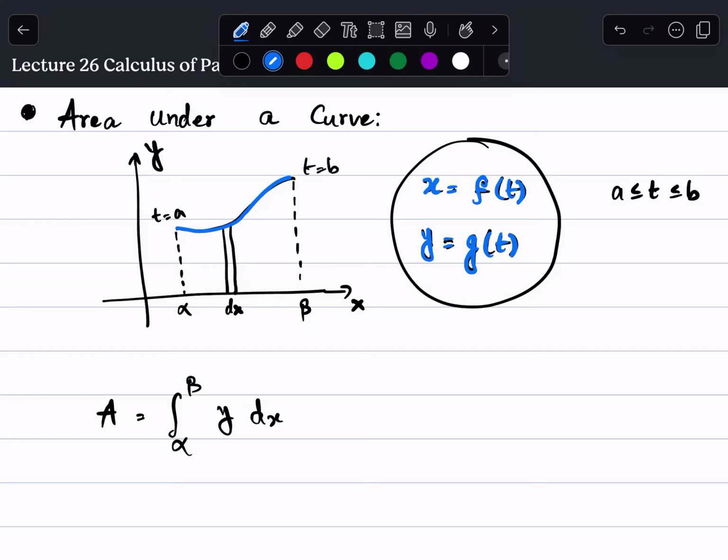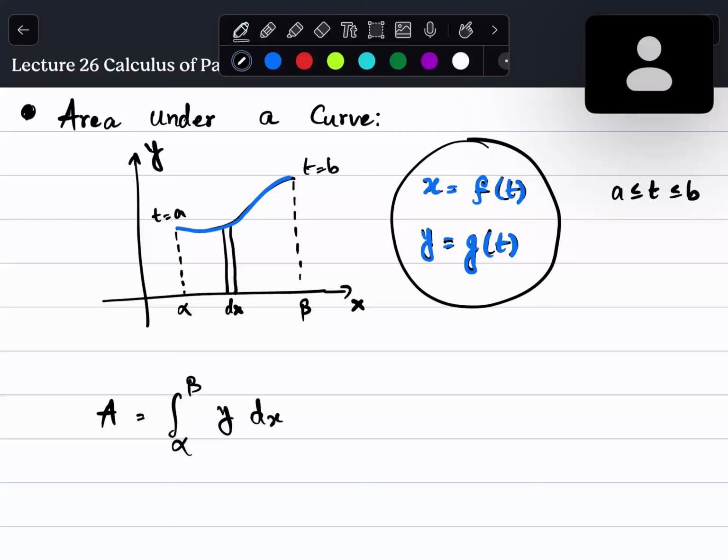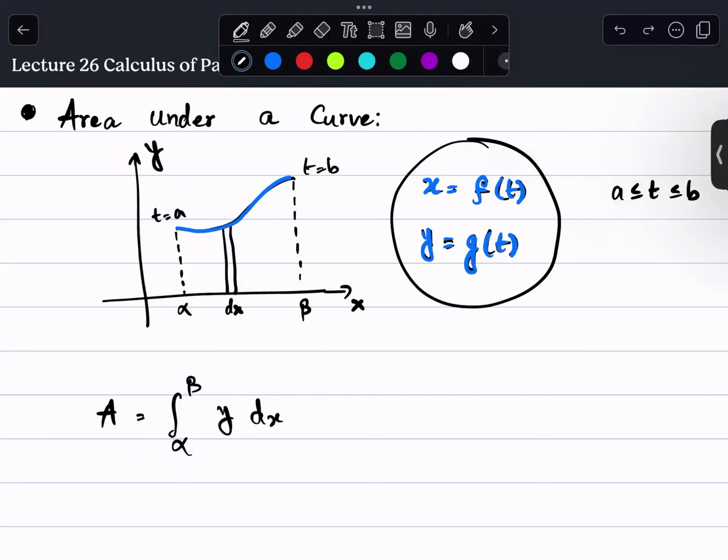So first of all, our interest is to find this whole area. But to do that, obviously we need to do some integration. For that, we will subdivide this into small pieces like this.